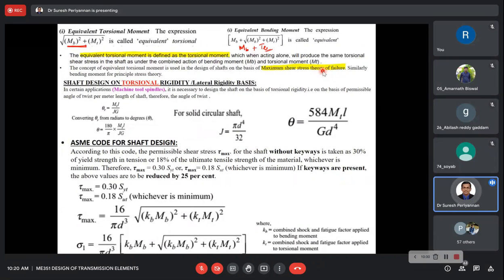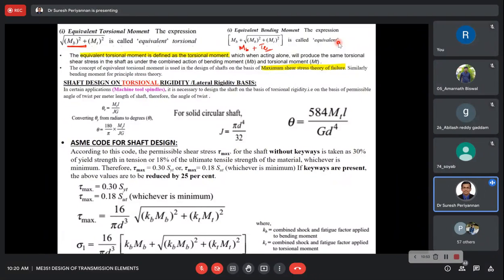Okay. Anyway, we are going to discuss the problem, and during that time you can easily understand. Now we have found the torsion moment and the bending moment. Then which torsion moment is maximum? Which bending moment is maximum? Those we are going to consider for finding the diameter of the shaft later.